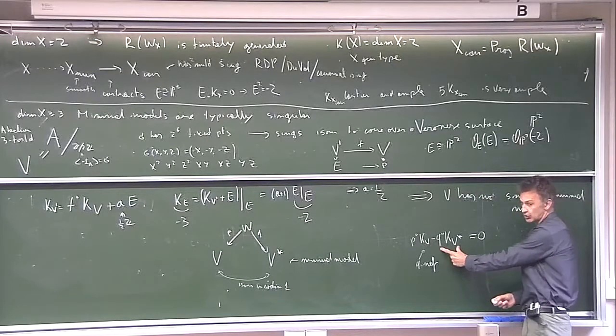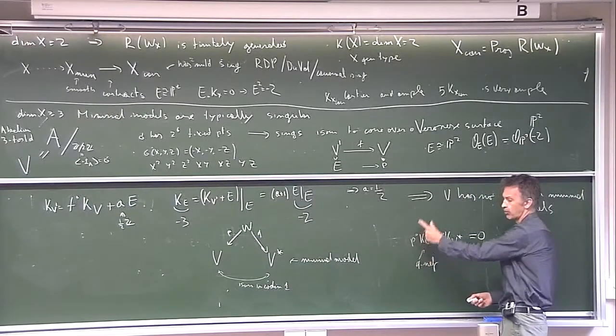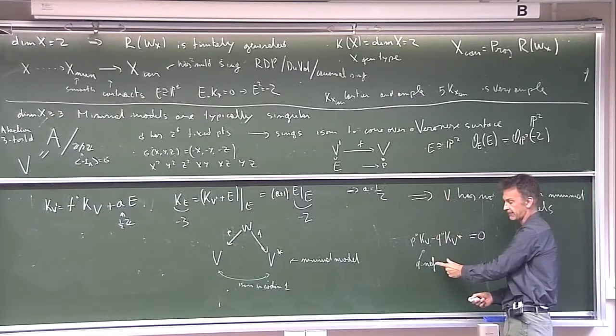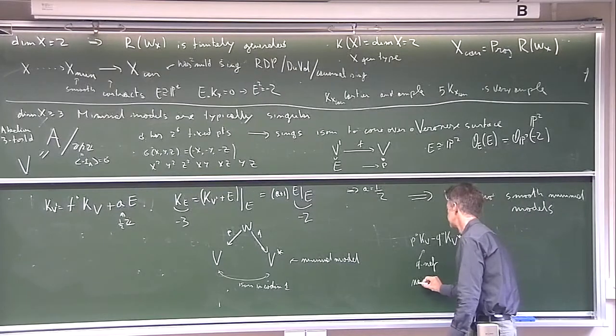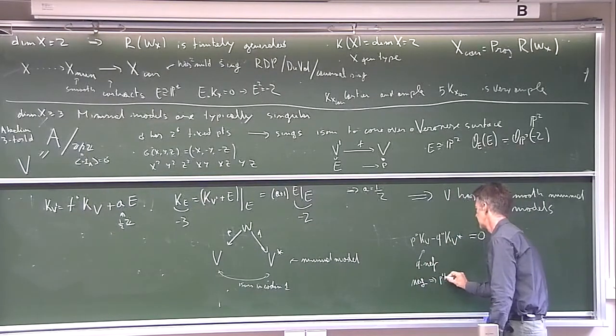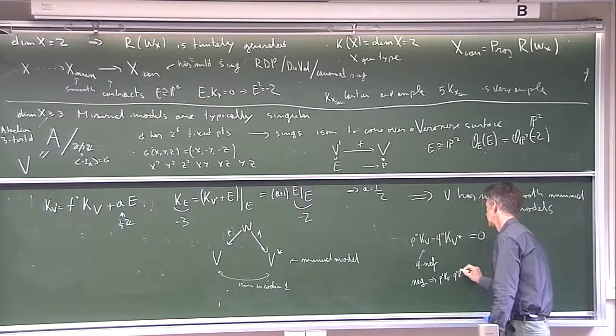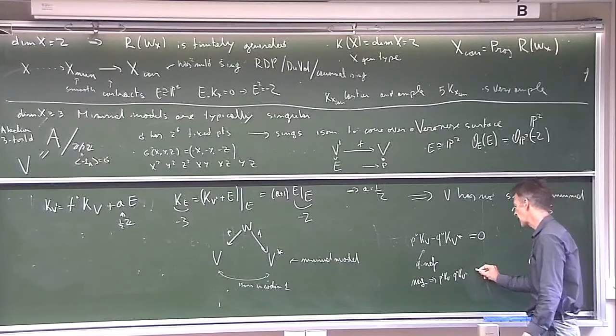This divisor K_V is nef, so its pullback is going to be Q-nef. Then, by the negativity lemma, the difference, P star K_V minus Q star K_V star, is an exceptional divisor which is Q-nef, so it has to be less or equal to 0.